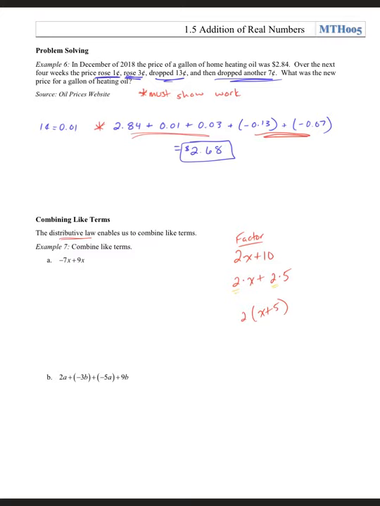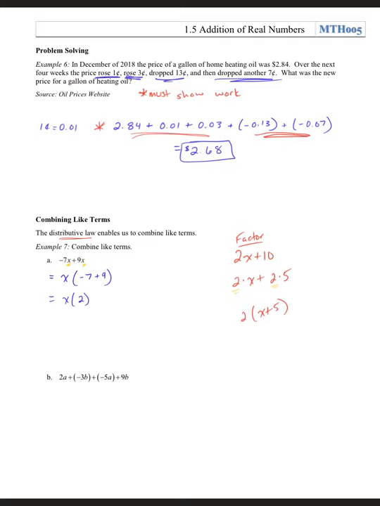Now we can do the same thing over here. We will notice that each of these terms have a factor of an x. They both have an x. So we could factor the x out of this, and be left with negative 7 plus 9. Now continuing to simplify, we'd have x and then negative 7 plus 9, which would be a positive 2.